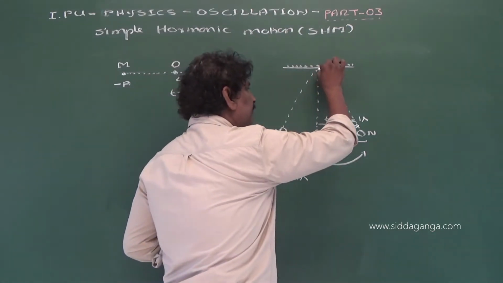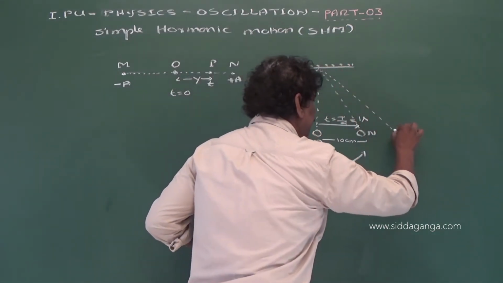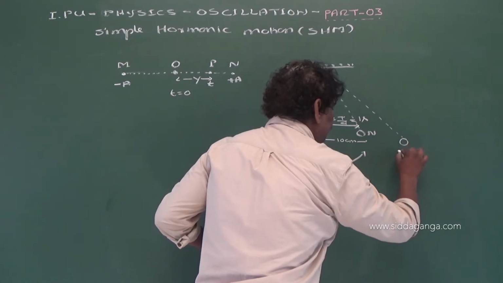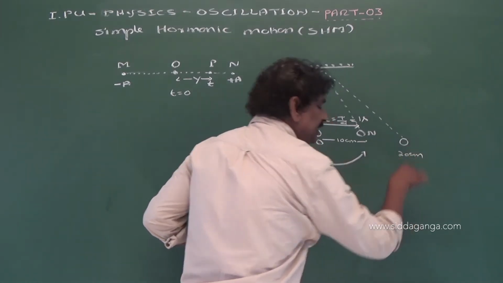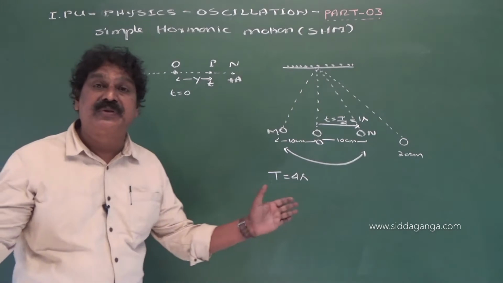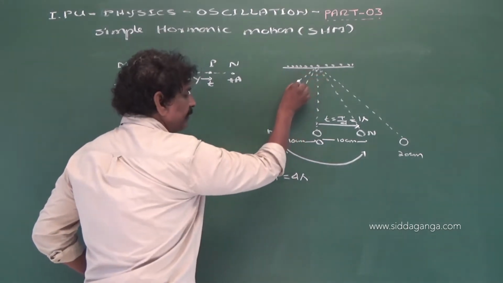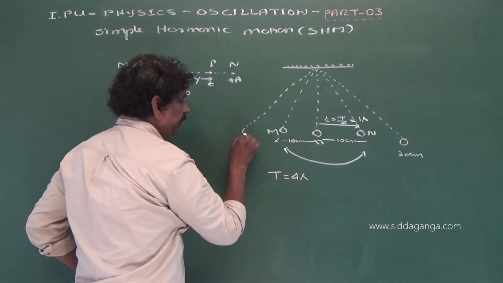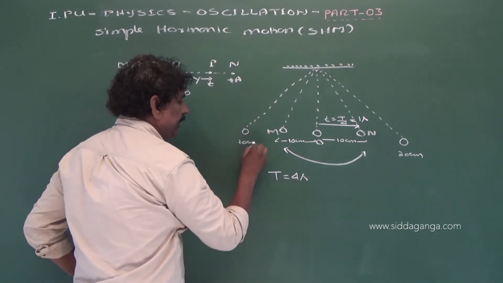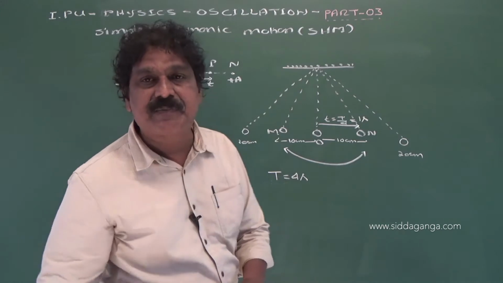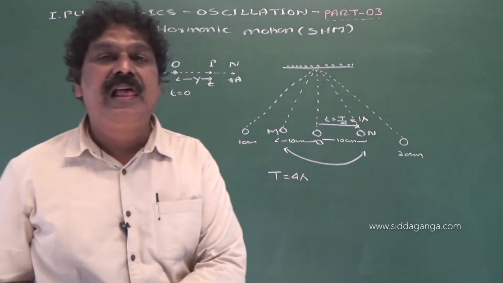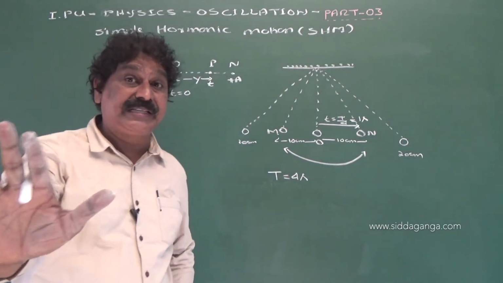Suppose I pull it to 20 centimeter distance from the mean position. Now again it has a maximum displacement of 20 centimeter on either side. Now the amplitude is 20 centimeter.